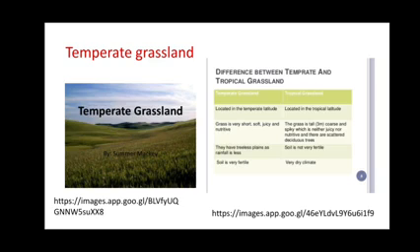Here the trees and shrubs are absent or rare, but the grasses are predominantly present in the temperate grassland. So you can see here the difference between the temperate and the tropical grassland.